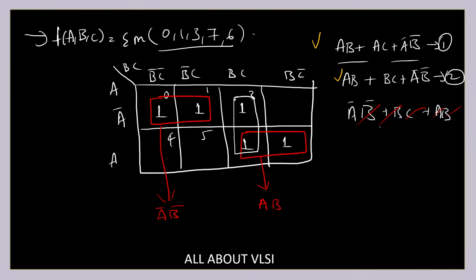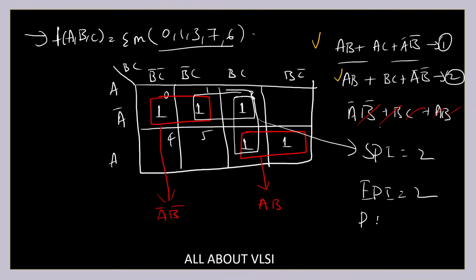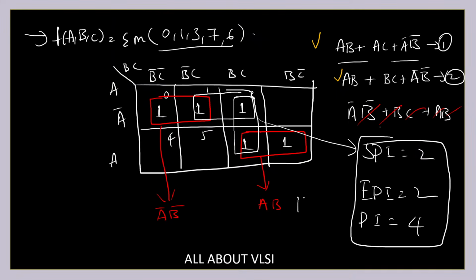If you get a selective prime implicant, it is not called a redundant prime implicant. You have both the choices. If you group this, then you are not going to consider this as redundant, or if you group this, then you are not going to consider this as redundant. Both are possible. So that's the reason here SPIs are equal to 2, EPIs are equal to 2, and prime implicants are equal to 4. RPIs will be equal to 0.